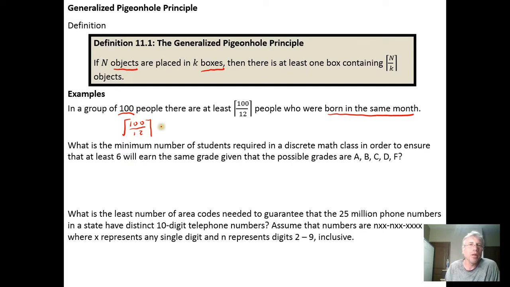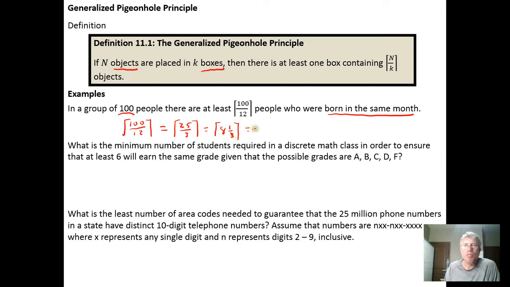It could be more. So we would take the ceiling function, apply it to 100 divided by 12, and it looks like this could be reduced down to 25 over 3. 3 goes into 25 8 times, since 8 times 3 is 24, so it would be 8 1/3.